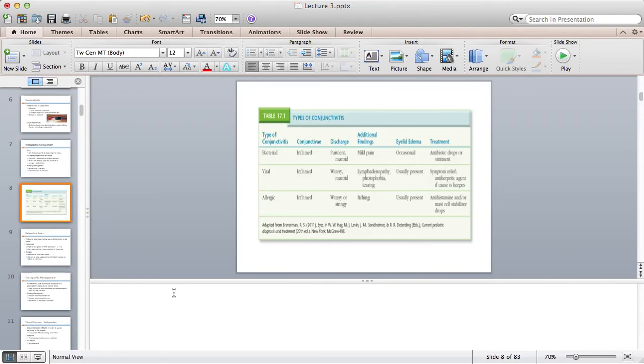So we said that for the bacterial one, you use antibiotic eye drops and/or ointment. For the viral one, we just treat the symptoms and make sure that the child's face looks clean. For the allergic one, we put the antihistamine.